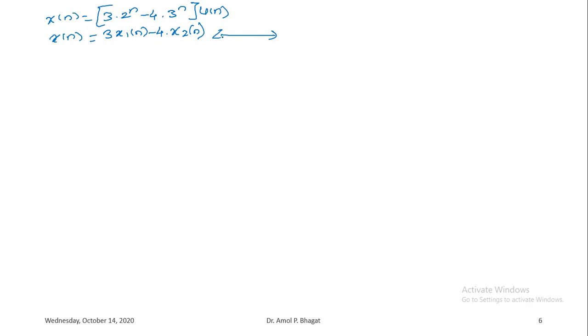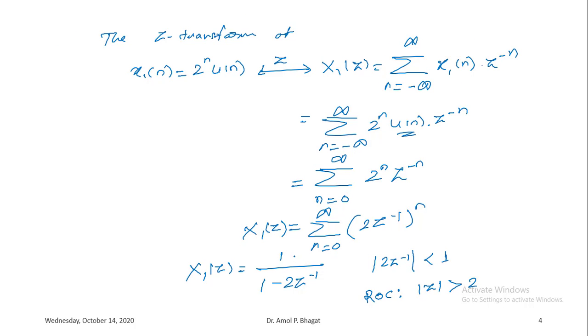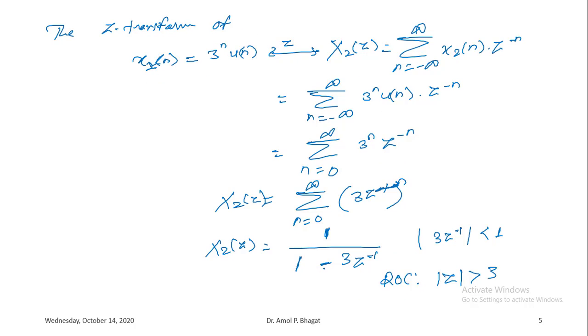So we are interested in identifying its z transform, and its z transform as per the linearity property is capital X of z, which is nothing but 3 times X1 of z, the transform of x1 of n, minus 4 times X2 of z, the transform of x2 of n. So we can simply substitute these values here. X1 of z we identified as 1 upon 1 minus 2z inverse.